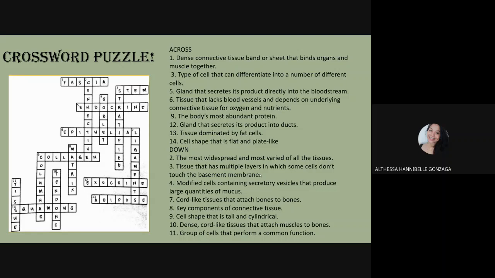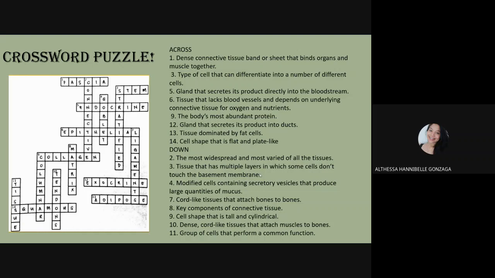Adipose tissue can be found all over our body, and it is otherwise called body fat. Squamous cell is flat and plate-like in shape, and its purpose is to line the skin. Connective tissue is a fibrous tissue and the most widespread and most varied of all tissues. Next, stratified tissue contains cells of varying flatness on different layers.